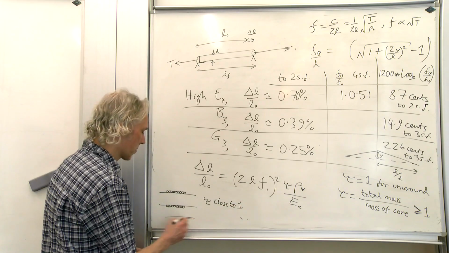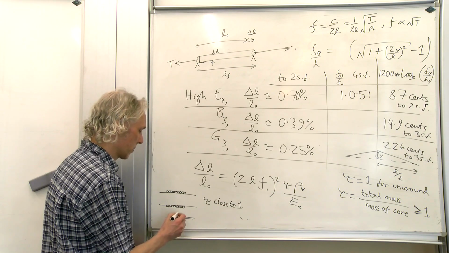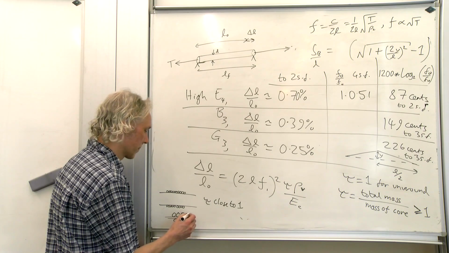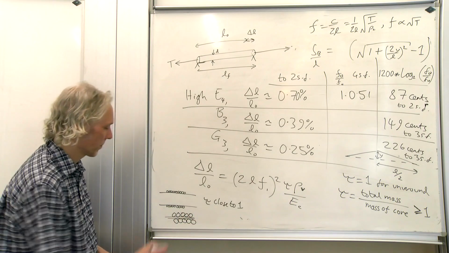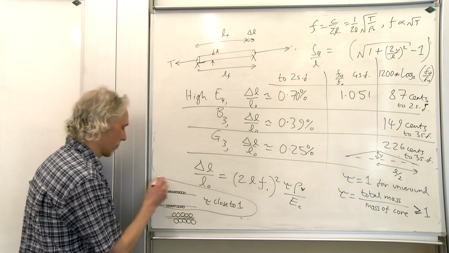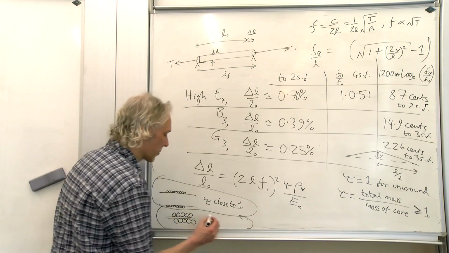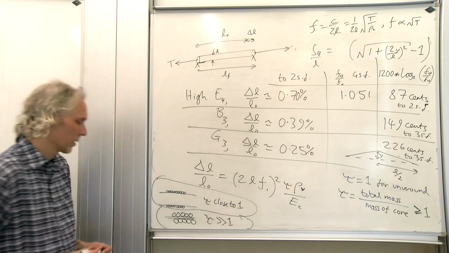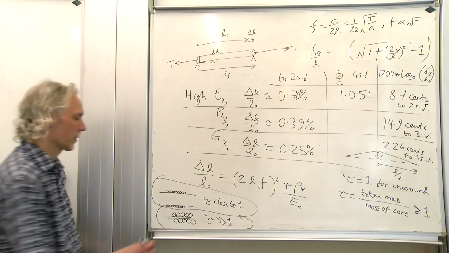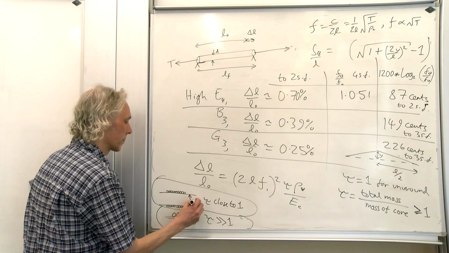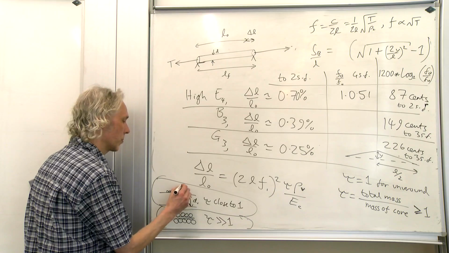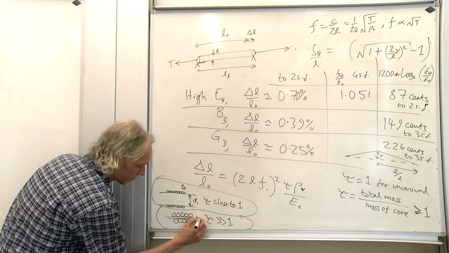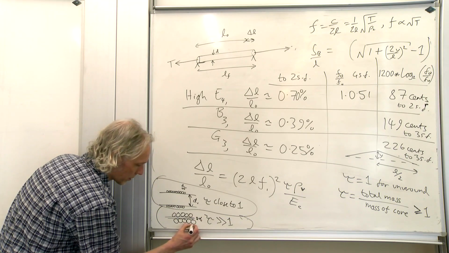Whereas if you've got a thin core and a thick winding, that's a rather extreme example, then tau is going to be a lot bigger than 1. Okay, so this is the D core and the D winding. And here's our little D core, and here's our big D winding.